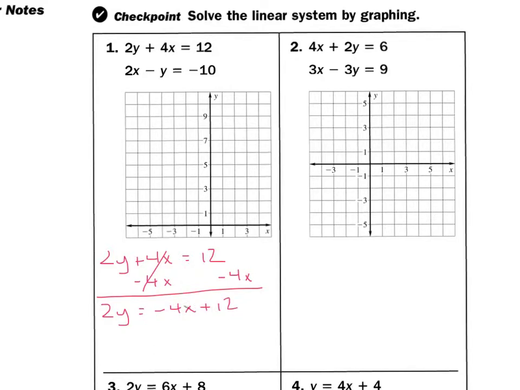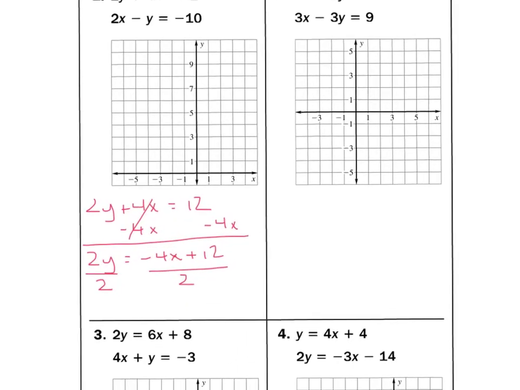I have to take this one step further than our examples did, and I have to divide by 2. Those 2's cancel out, and you're left with y equals negative 2x plus 6. Negative 4 divided by 2 is negative 2. 12 divided by 2 is 6.